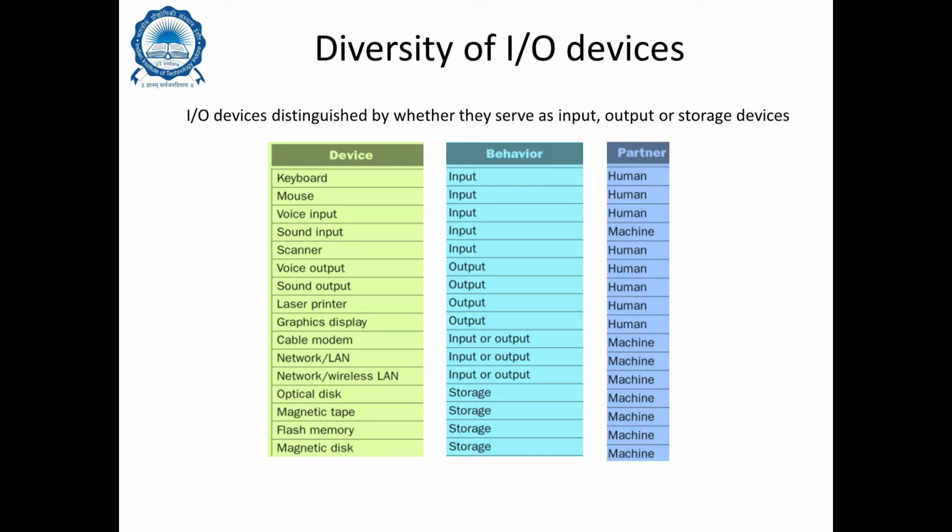For mouse, the behavior is input, so it's an input device, and the partner is human. The voice input is also an input device, and the partner is human. The reason for having voice input, mouse and keyboard act as input devices is that we cannot read anything from here. We can just feed an input through this input device. We cannot read anything through this.